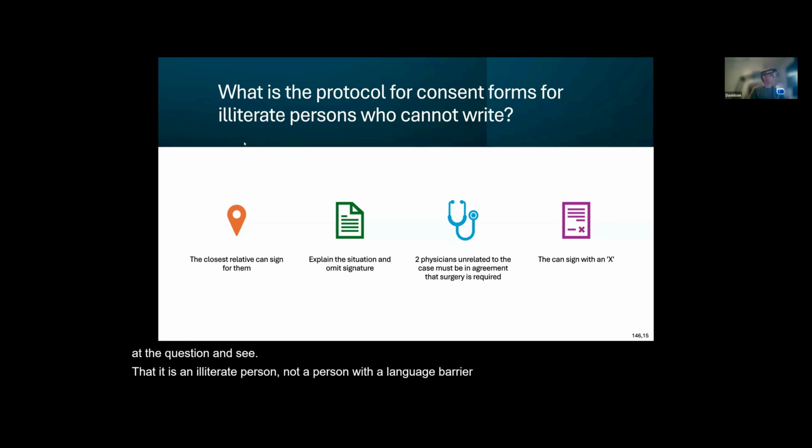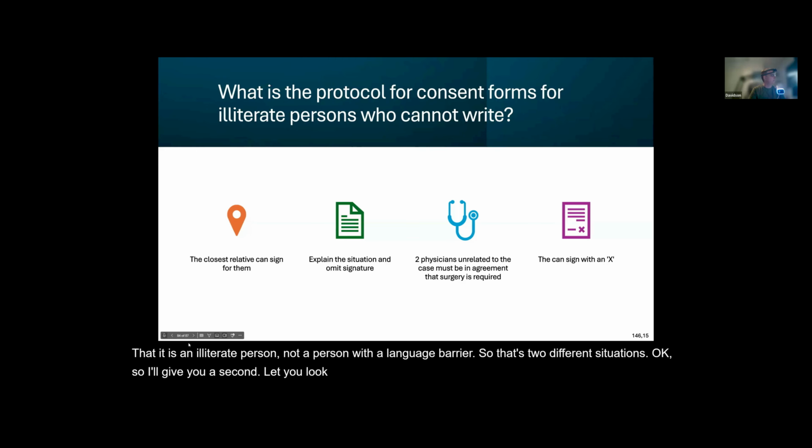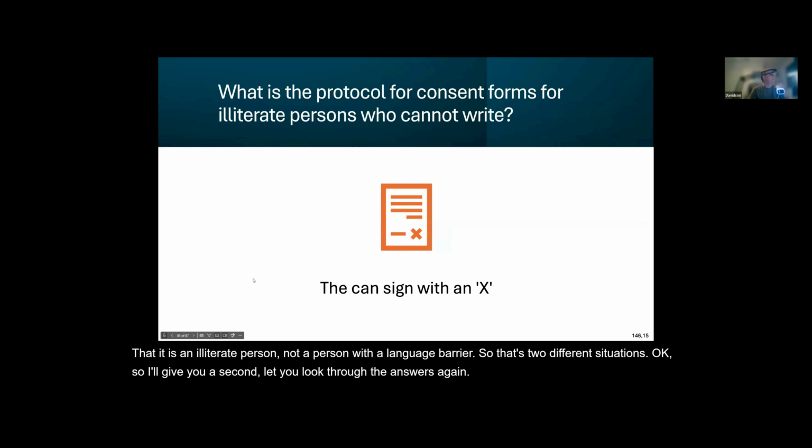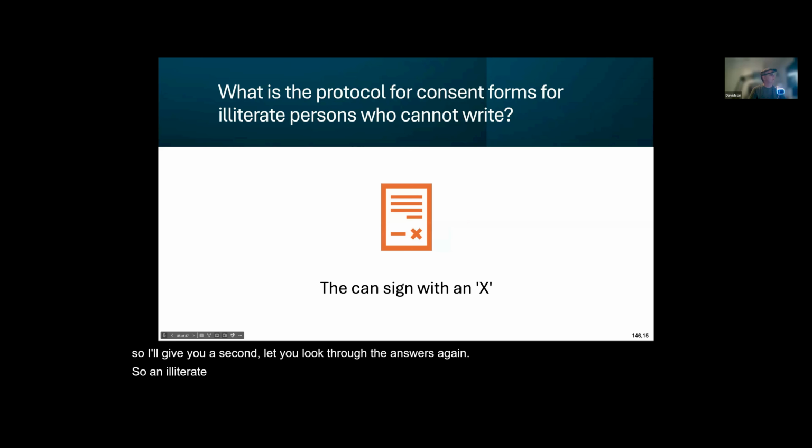So that's two different situations. Okay. So I'll give you a second, let you look through the answers again. So an illiterate person who cannot write, they can sign with an X. Again, not the same as the language barrier. This is totally different.